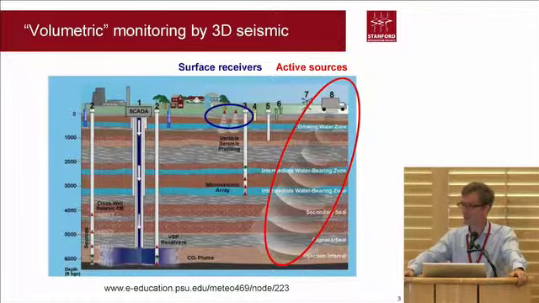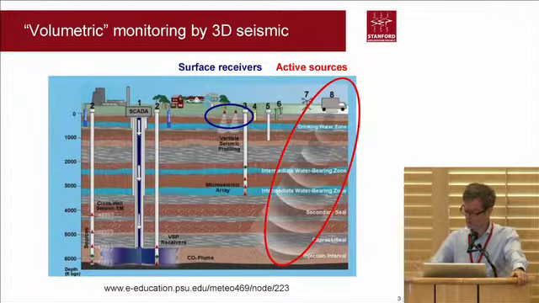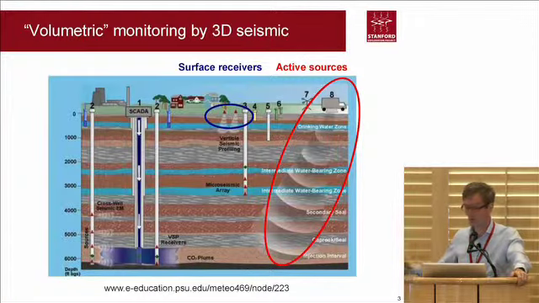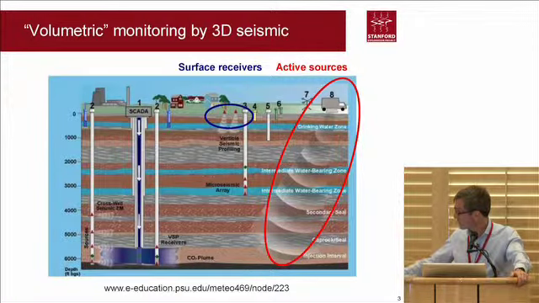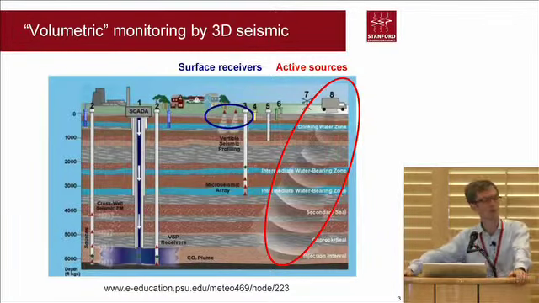It's because it has the penetration and the resolution that allow us to image large volumes. And so an obvious choice for monitoring would be active 3D seismic data, in which we have sources at the surface. Sound waves go down, are reflected up, and are recorded at the surface, and we can create an image of the subsurface.